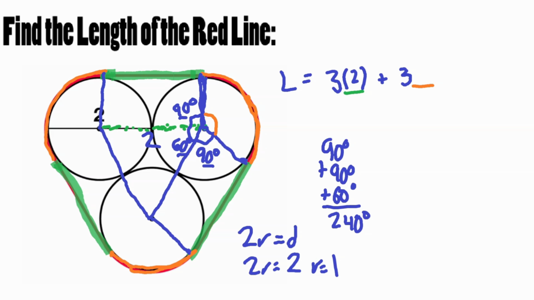So since 240 degrees are not in our orange segment, and a circle has a total of 360 degrees, right? That means our orange segment is 120 degrees of this circle, which is also 1/3 of the circle, since 120 is 1/3 of 360.